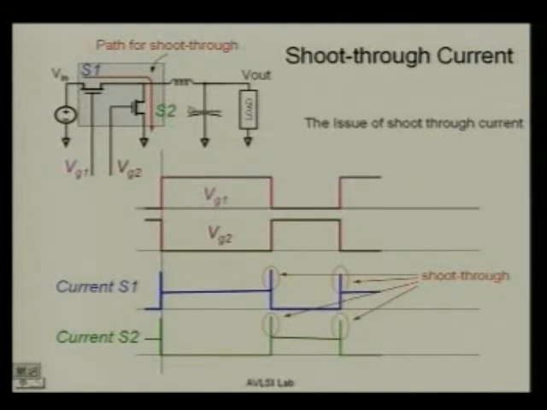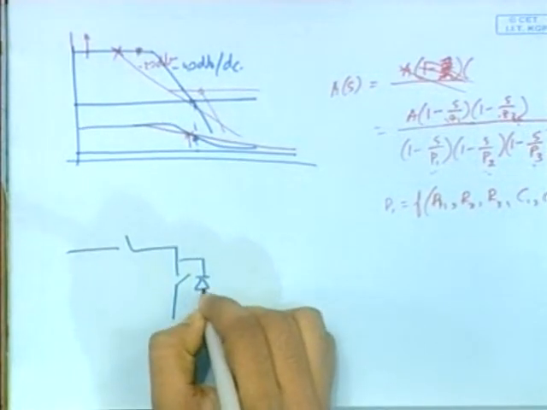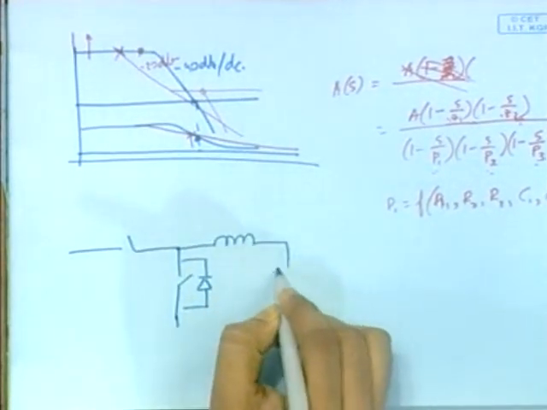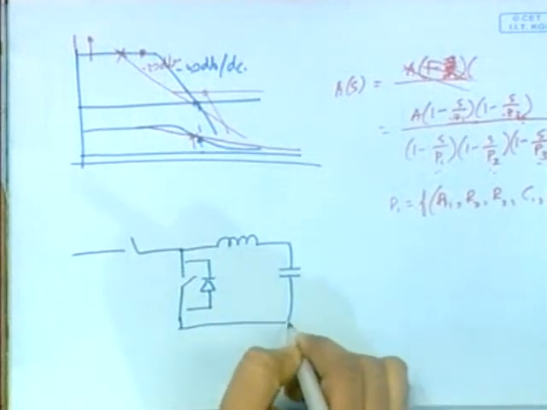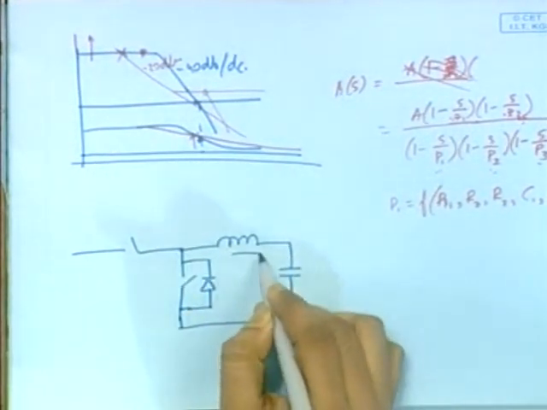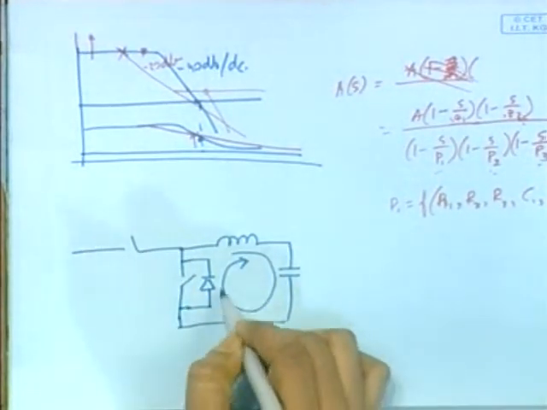This goes on through the body diode. All these MOSFETs have a body diode, a parasitic diode. I won't call it parasitic because this is a useful function, but well, it's not intended, but it comes. So when both of these are off, the current will circulate through this.